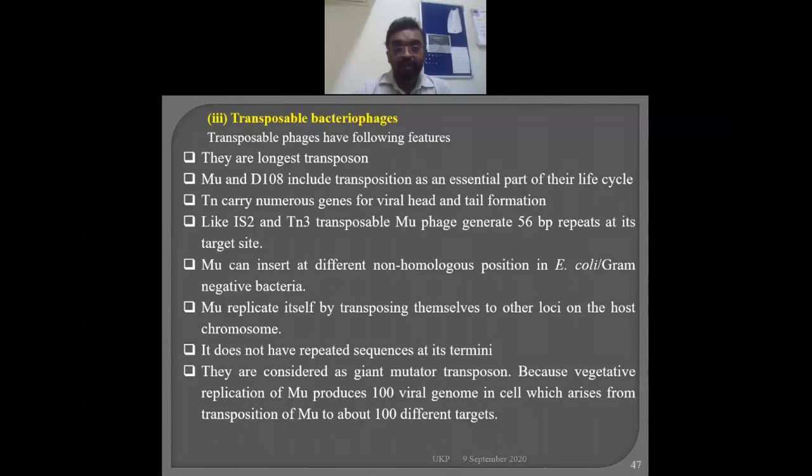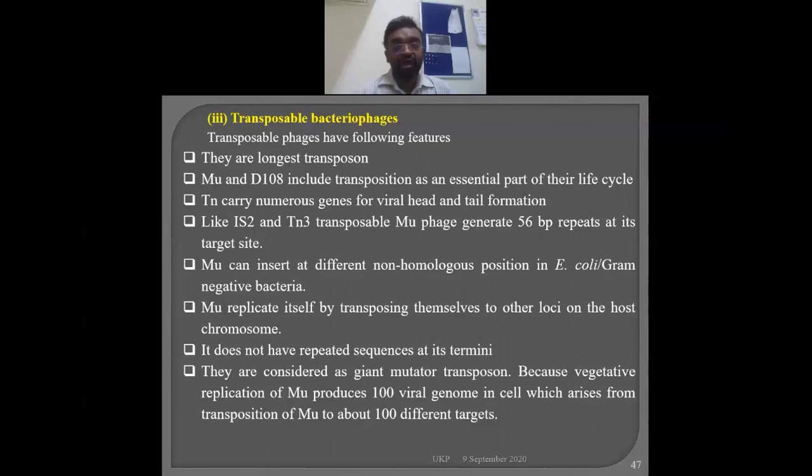Because the rate of that mutation is higher. Why mutator? Because it is inducing mutation, it is changing things. Although the individual functions are not altered, the head, tail, protein or the bacterial cell's genes are not hampered, still the sequences get changed, and our definition of mutation is that whenever the sequence gets changed, it is referred to as a mutation. Hence these are referred to as giant mutators.